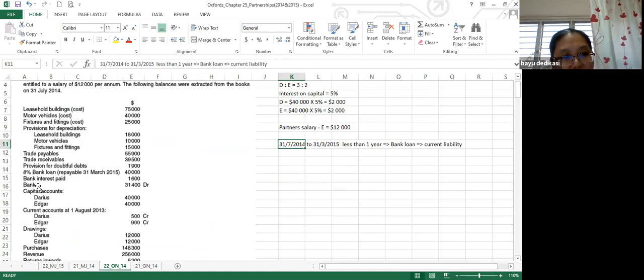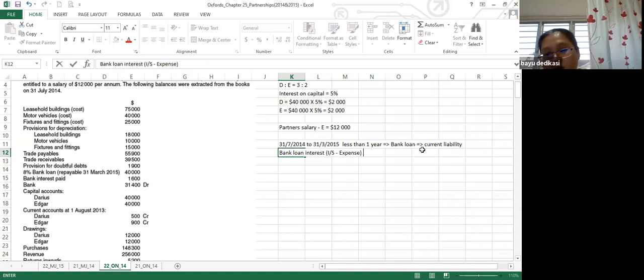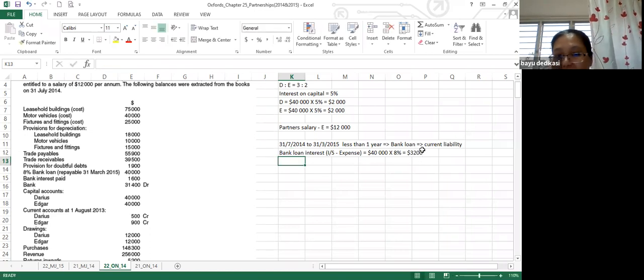Okay, same thing. Bank interest paid 1,006. This bank loan interest amount should be recognized under the income statement for expenses. So take 40,000 times 8%. You get 3,200. So this is the total amount to be recorded under the expenses.